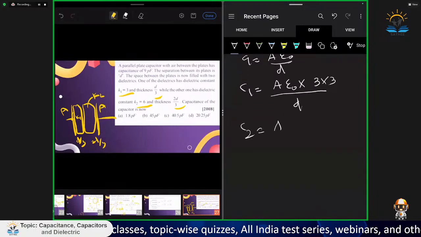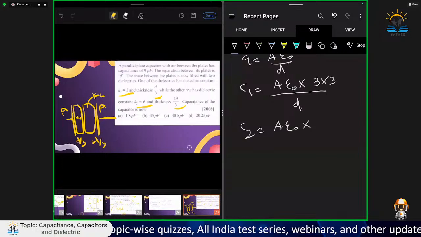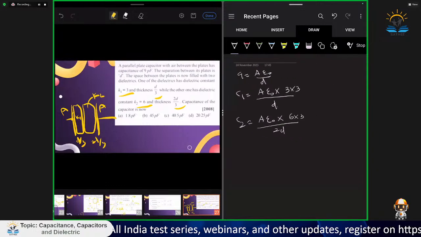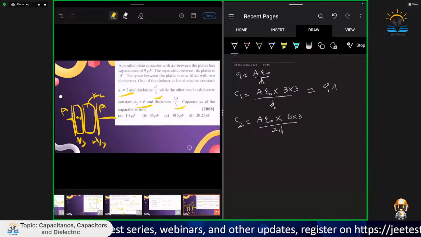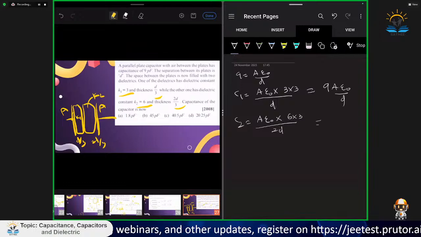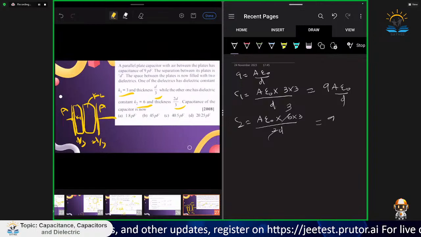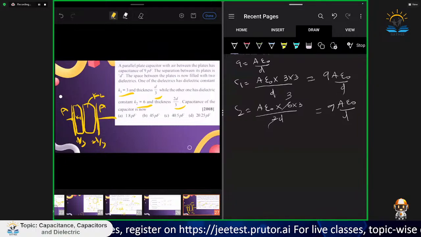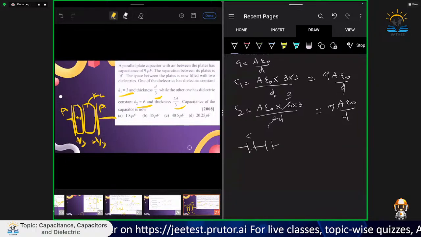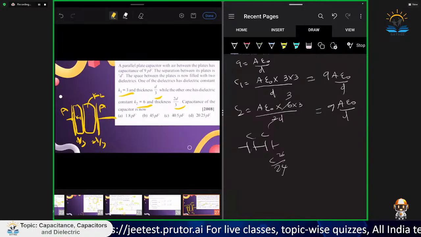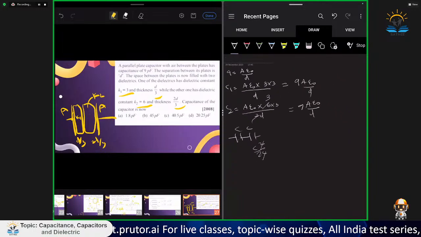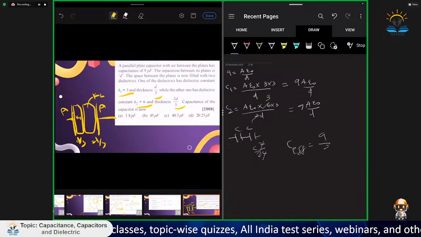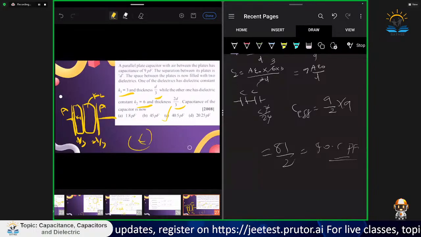C2 will be A epsilon into K2, that is 6, upon 2D by 3, that is into 3. C1 will be 9A epsilon by D, and C2 will again be the same, 9A epsilon upon D. So these both are in series. So if C and C are in series, then C square upon 2C, that is C by 2, is the effective. So the effective will be 9 by 2. Option C is the right answer.